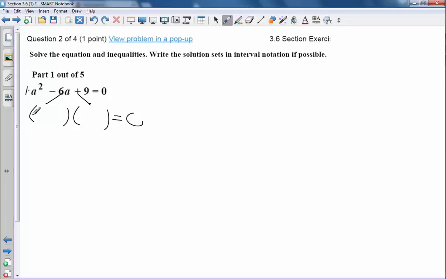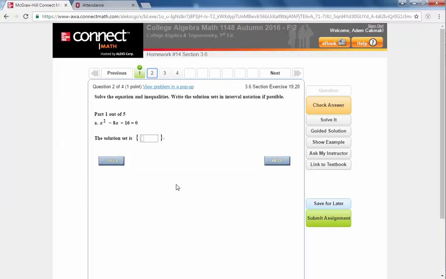What two numbers are they? -3 and -3. Perfect. Now, since each piece is the same, you just solve it once. a equals 3 is the solution. How easy is that? Alright, I'm wondering about the next part.